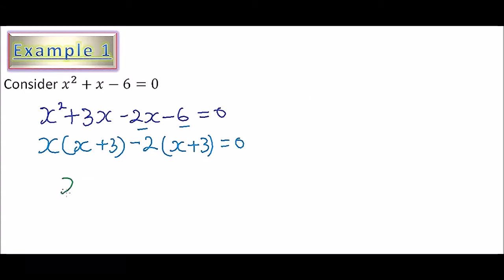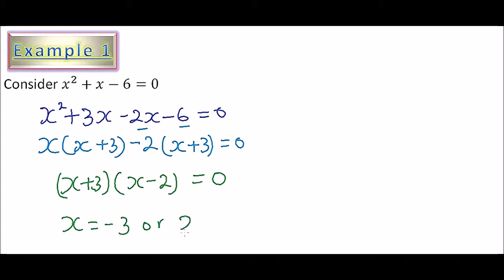We factor out x plus 3, so you have x plus 3, and we'll be left with x minus 2, which is equals to 0. So the solutions of this quadratic equation are x is equals to minus 3 or 2. So that's how you solve this quadratic equation.